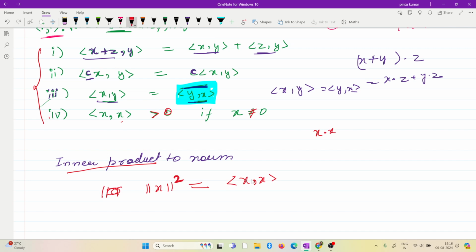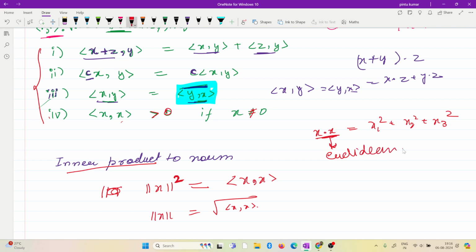You can define norm of x as the square root of this. So x comma x is x1 square plus x2 square plus x3 square. So this dot product leads to your Euclidean norm, and then your Euclidean norm leads to your Euclidean distance. These are all related things.